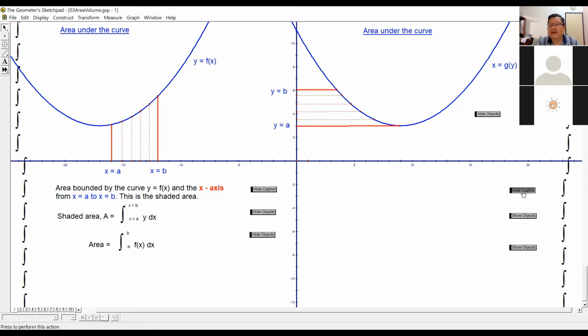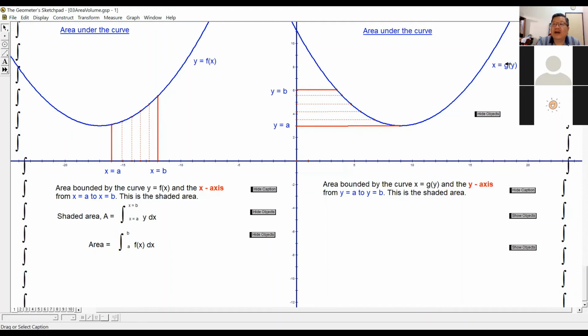The area that we are going to find is the area bounded by the curve x equals g(y). Now g(y) means you have to express the equation of the curve in terms of y.